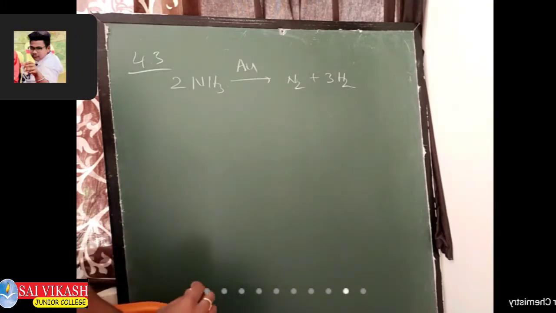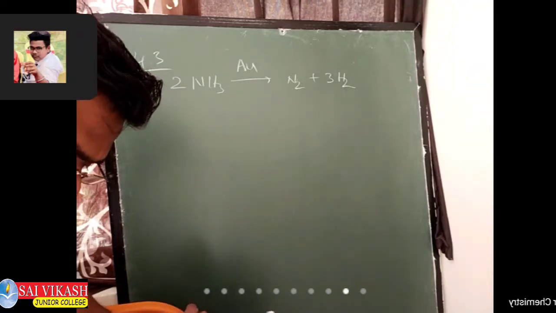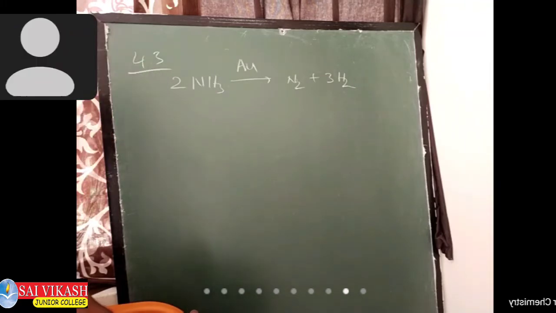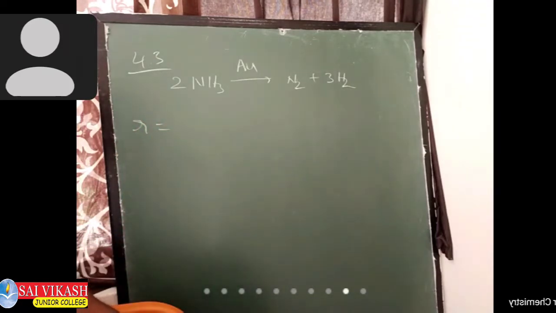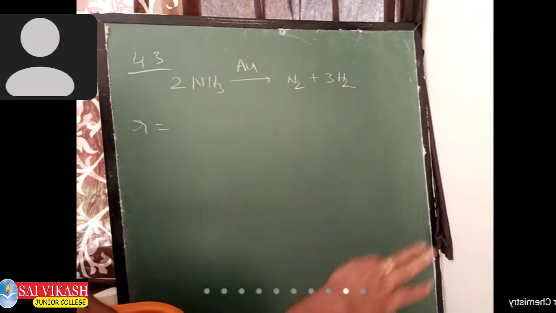So how do you write the rate of formation and rate of decomposition? How do you write all these rates of formation and rates of decomposition? See, they are asking what are the rates of production of N2 and H2 if K is given. See, how do you write? The rate R equal to, I told you, the rate of disappearance of ammonia.